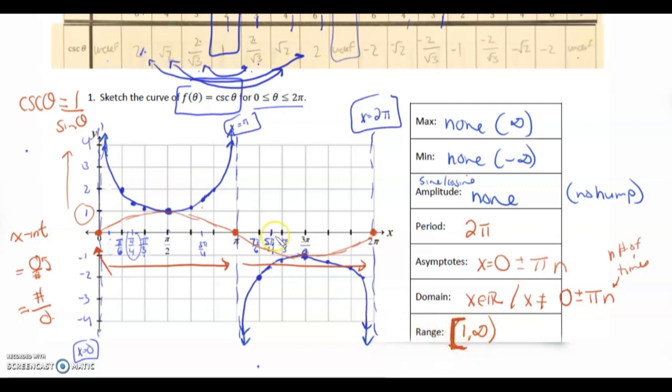And then on the part of the cosecant curve that opens down, we're going to start at -1 and we're going to go down to -infinity. So -infinity, because that's the smaller number, comma, -1, square brackets around the -1 because we include it.